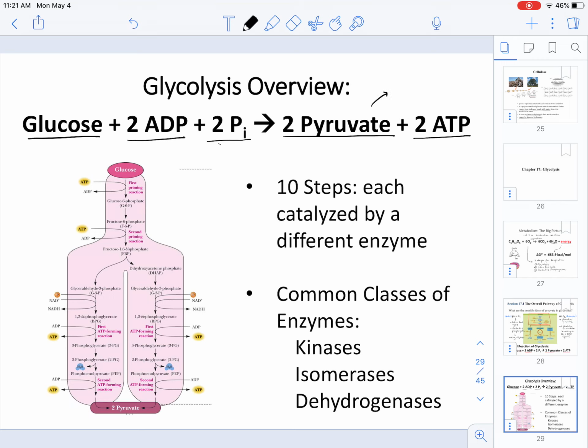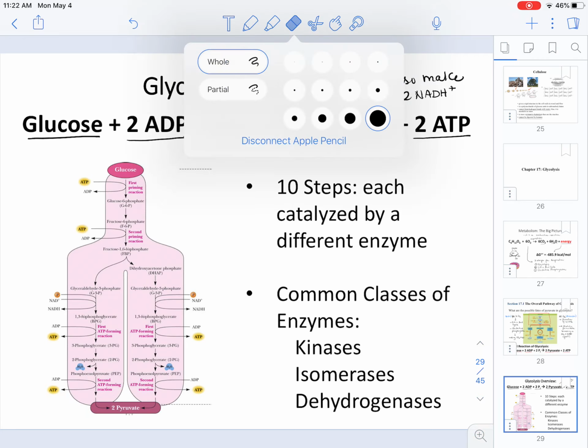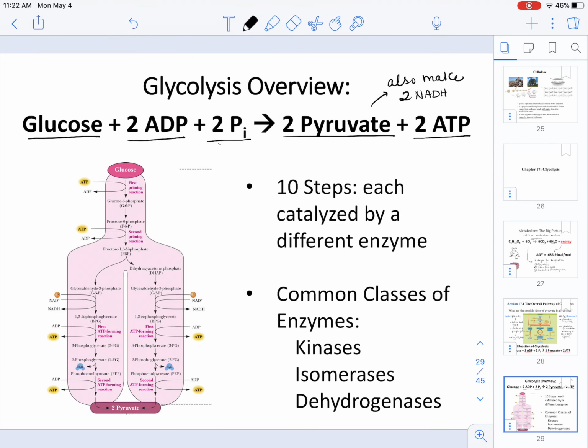Remember, we also make 2 NADH molecules, and those NADH molecules, understand that they are going to be processed later. And just leave it as NADH. So those 2 NADH molecules are going to be processed later through oxidative phosphorylation. So I just want to make note that they are also produced.